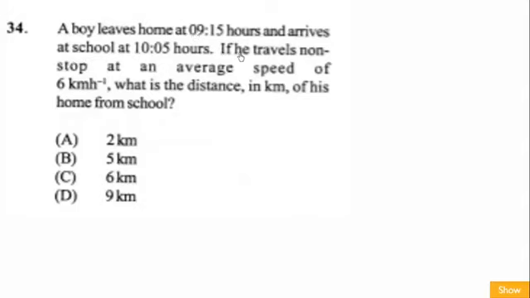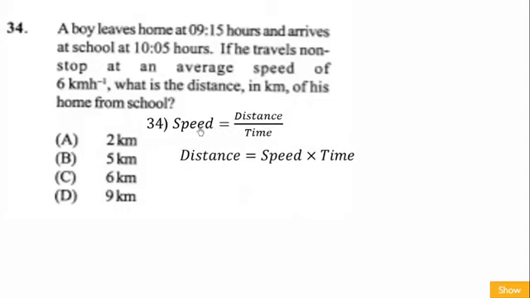If he travels non-stop at an average speed of 6 kilometers per hour, what is the distance in kilometers of his home from school? So we know that speed is equal to distance over time taken. Therefore, we need to solve for the distance. Distance is equal to speed times time.